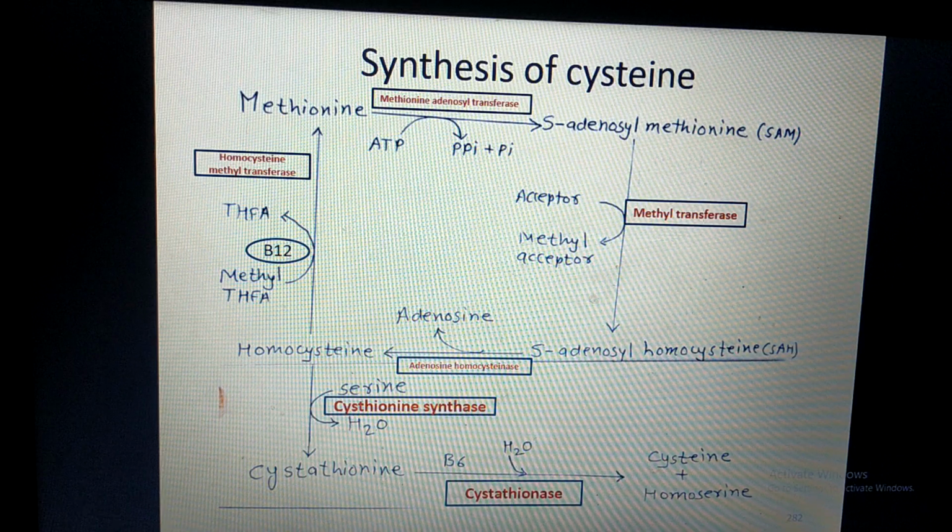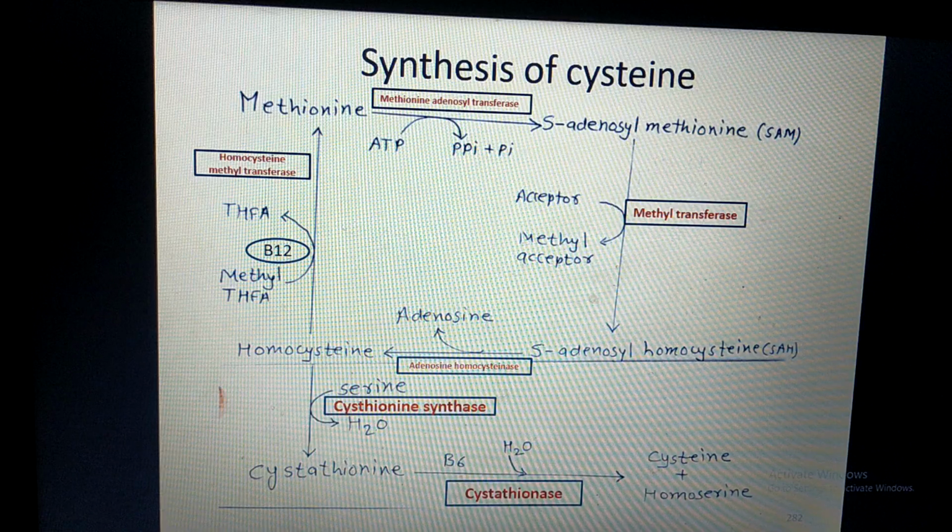So folic acid and vitamin B12 are required for conversion of homocysteine to methionine. If these two vitamins are deficient, homocysteine is not converted into methionine, therefore the level of homocysteine in the blood increases. Now this pyridoxine or vitamin B6 is required for conversion of homocysteine to cysteine. If you see here, homocysteine is first converted into cystathionine, and that cystathionine is broken down into cysteine and homoserine, where vitamin B6 or pyridoxine is required.